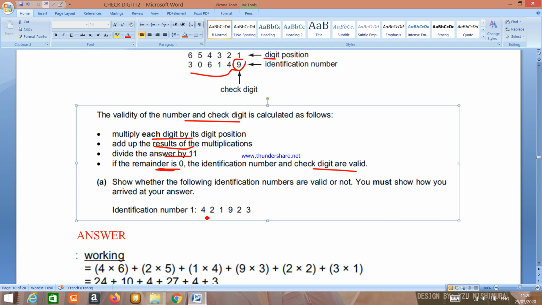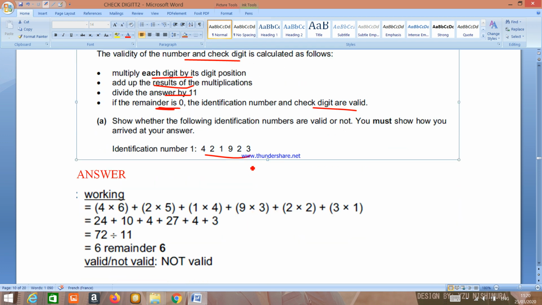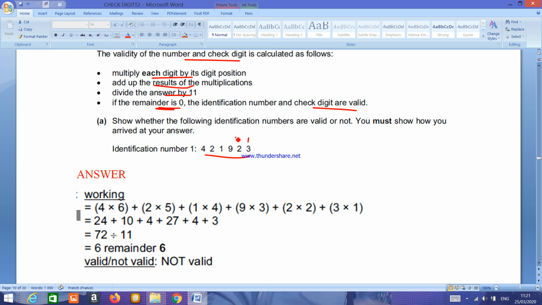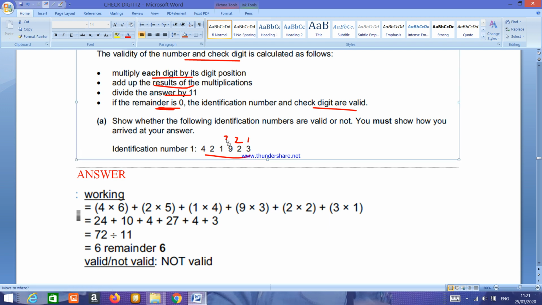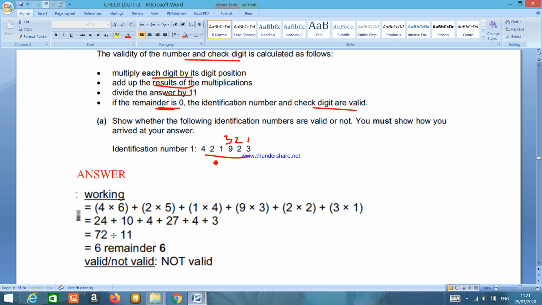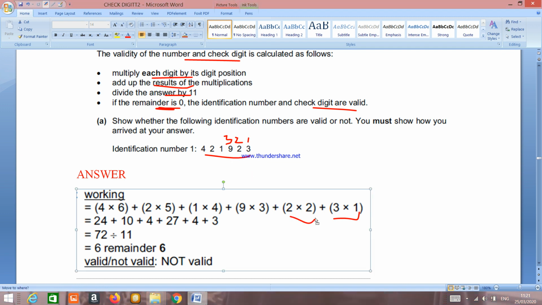Now let's try this number. This is an identification number. We have to write the position. So we write the position 1 here at the top. We write position 1, 2, 3, and so on. So then you multiply the number with the position. 3 times 1, you can see. Then 2 times 2.